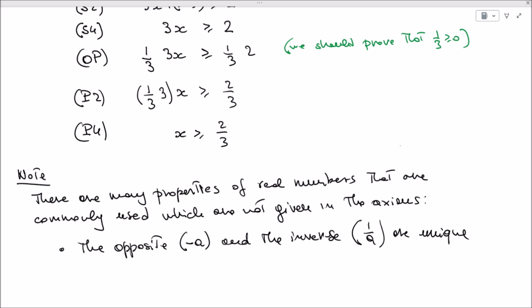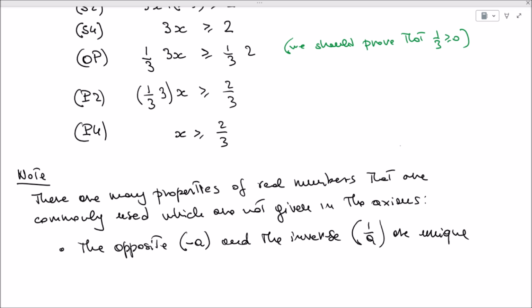We didn't say this in the axioms. We only said that there is at least one opposite, there is at least one inverse for a real number different from 0. So we should prove now that these two elements, opposite and inverse, are unique for every real number.